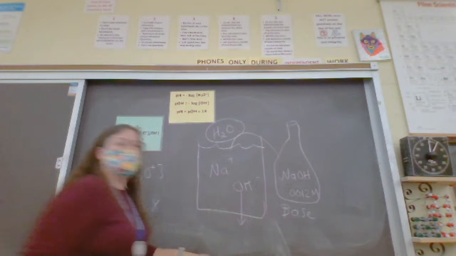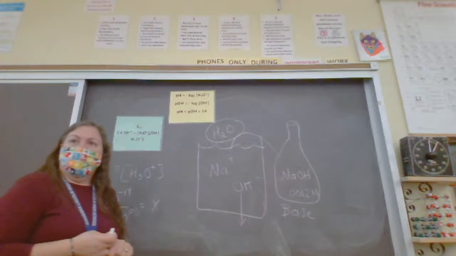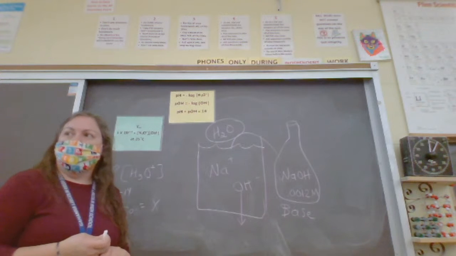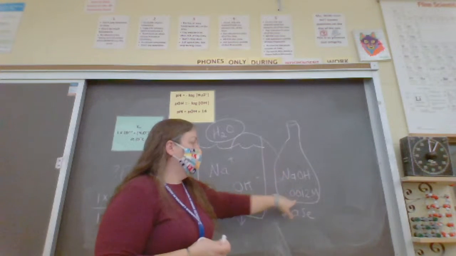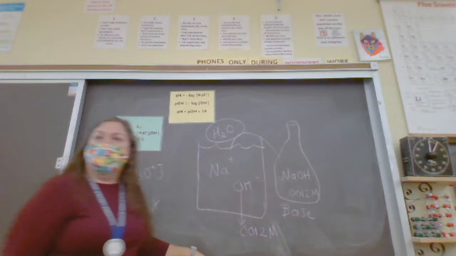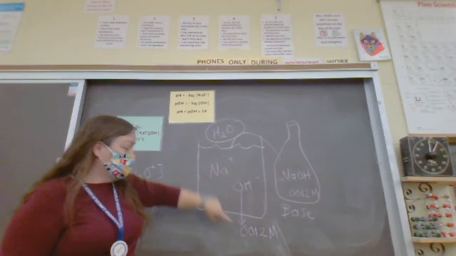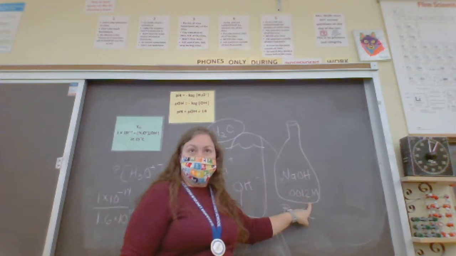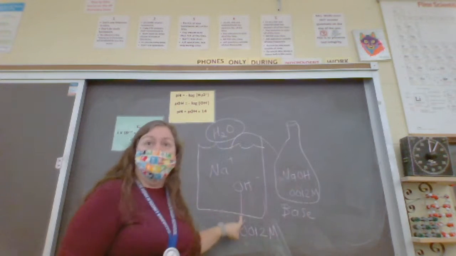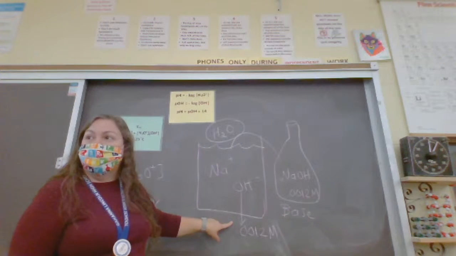What will the concentration of the hydroxide be? It'll be the exact same as the base, right? For every one of these, I get one OH. So the concentration of the OH should be the same as the concentration of the base. It's in a 1-to-1 ratio. Okay, so I know the hydroxide concentration.